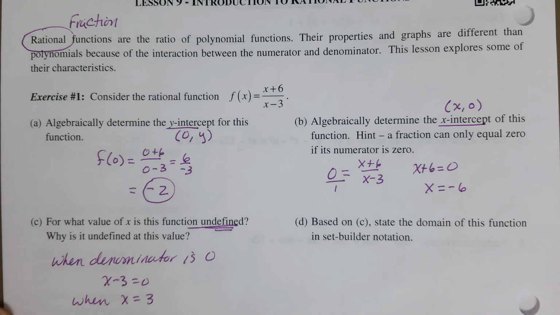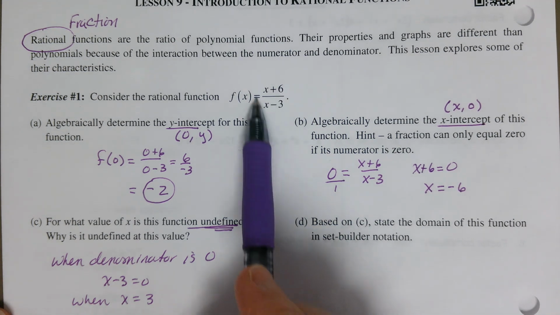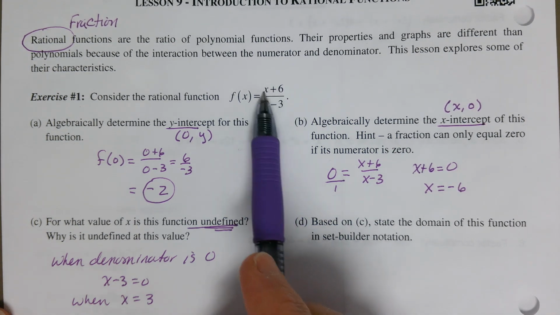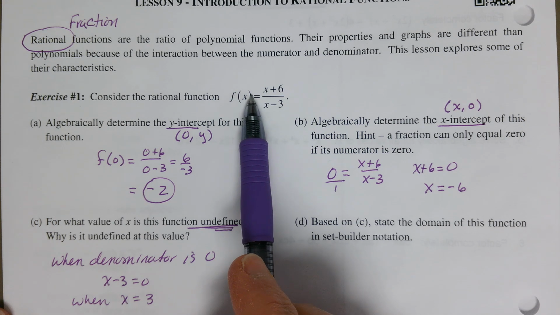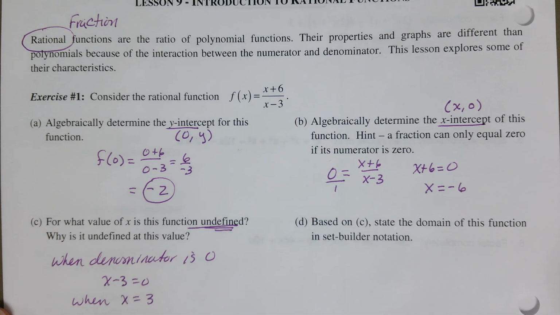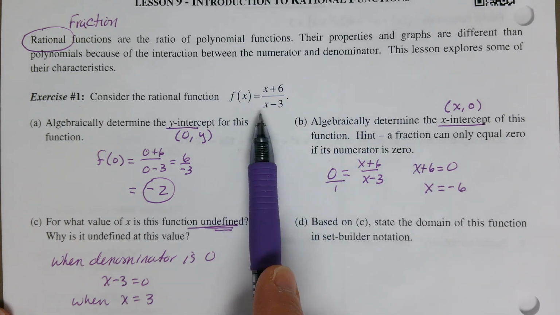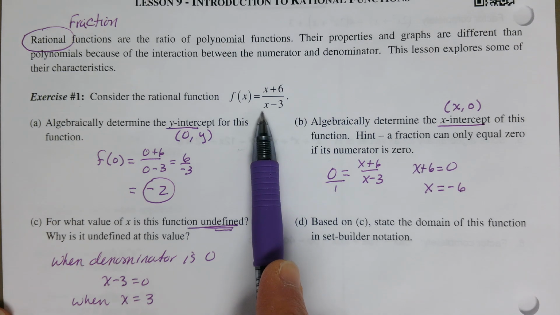Based on C, state the domain of this function in set builder notation. In other words, if we look at this, you can put any real number in for x, and it will produce a real number, with the exception of an x value of 3.